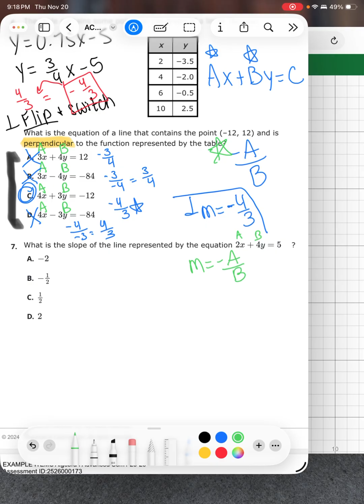So if I do that for this equation, I take 2, make it -2, over 4, and my slope is -1/2 for this equation. And that's what I'm looking for. It says, what is the slope of the line represented by this equation? So my answer would be B.